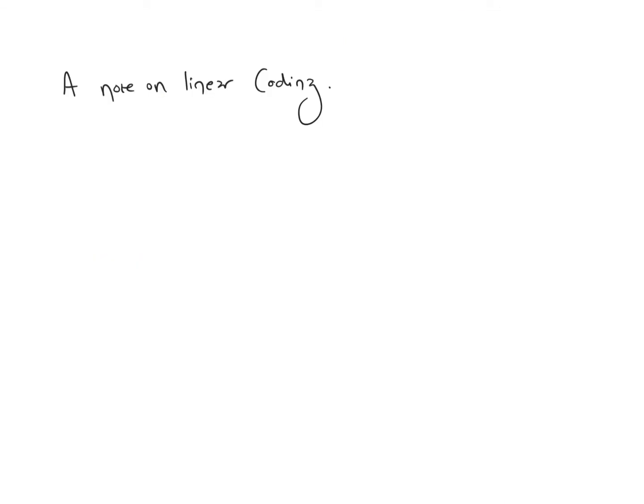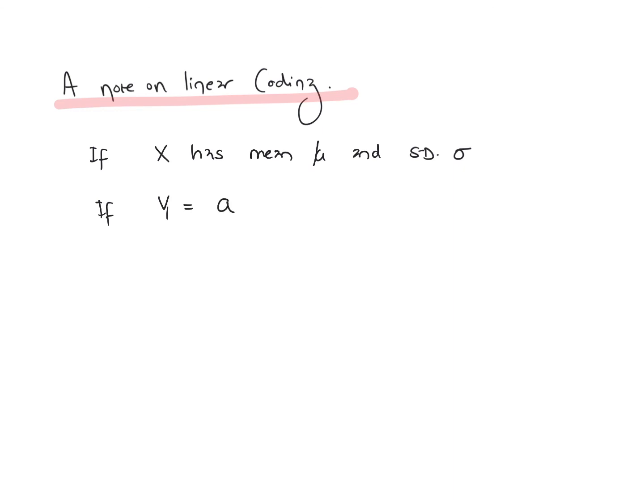It might be worth finishing off with a quick note on linear coding, because it is something that people do sometimes forget. So if x has a mean mu and a standard deviation sigma, if y is equal to, let's say, a times x plus or minus another value b, y is a linear transformation of x. Linear because we're just multiplying x by a particular value, then adding or subtracting another value.